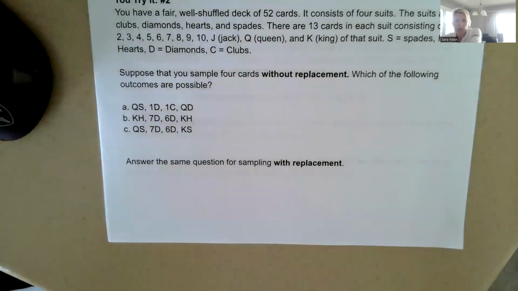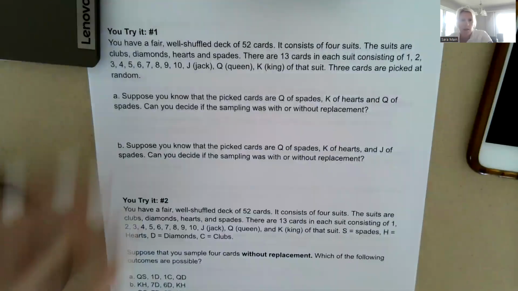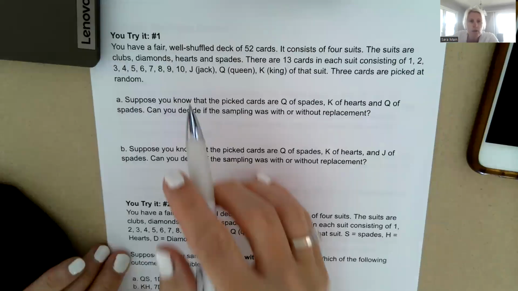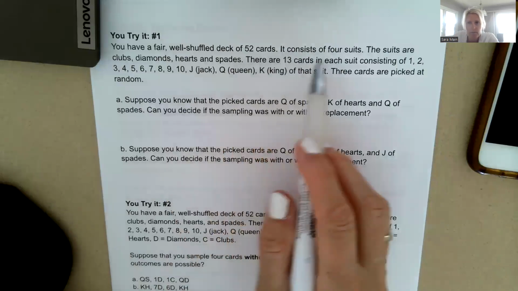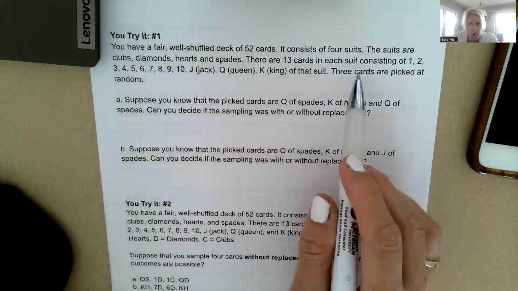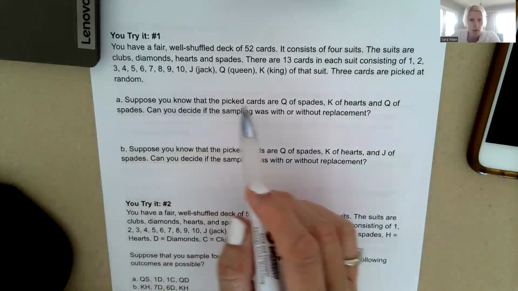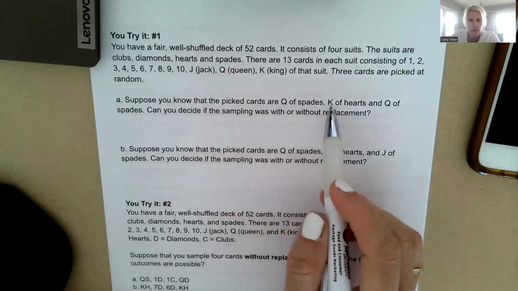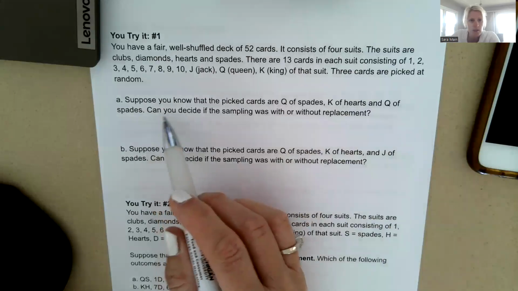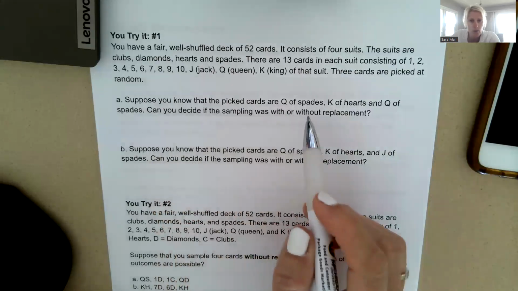So let's look at a few examples. Let's say you have a fair, well-shuffled deck of 52 cards. We have the same situation as before. 3 cards are picked at random. Suppose you know that the picked cards are queen of spades, king of hearts, and queen of spades. Can you decide if the sampling was with or without replacement?